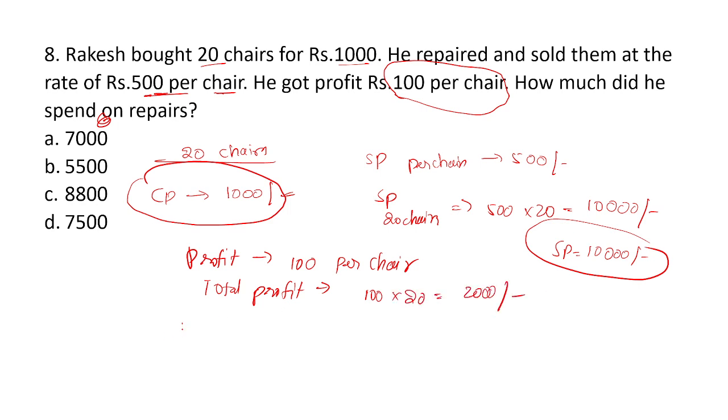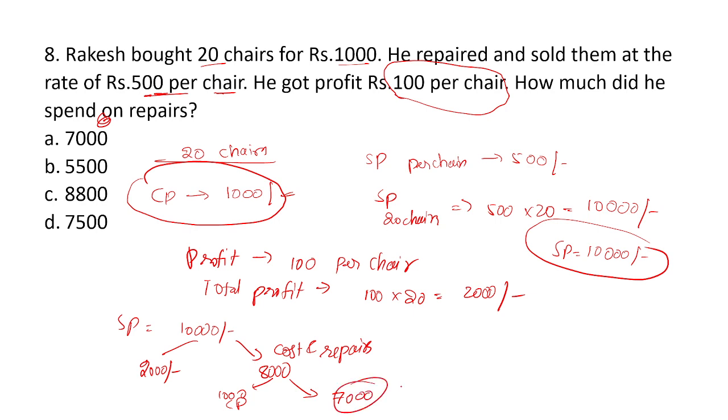So in the selling price 10,000, there is a profit which is 2000, and the cost and repairs is 8,000. In this 8,000, 1000 is the cost price of all the chairs. Then the remaining 7000 would be the amount spent on repairs. That's it. So this is my answer for the question, 7000. It's a very easy question.